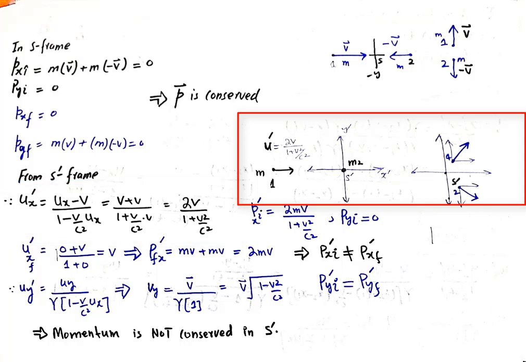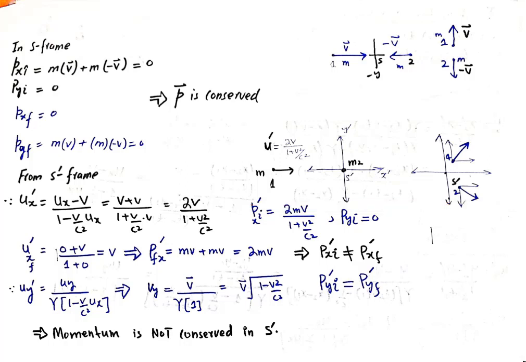This is the velocity in the x direction, and since particle 2 appears to be at rest, it does not have any velocity. So the total momentum along x, using our definition of mass times velocity, is 2mv divided by (1 plus v squared by c squared). This is the total momentum along x before collision, and there is no motion along y, so the momentum along y is 0.